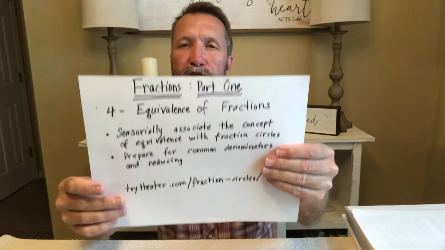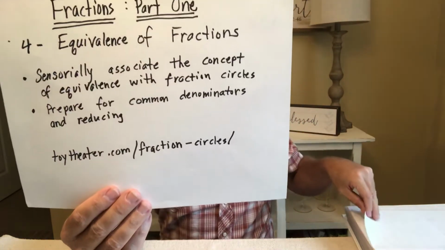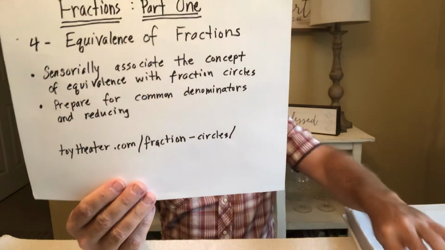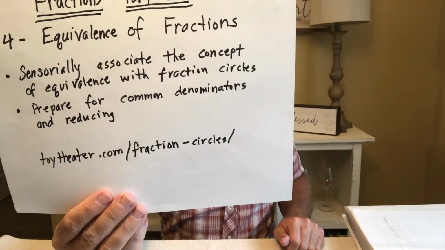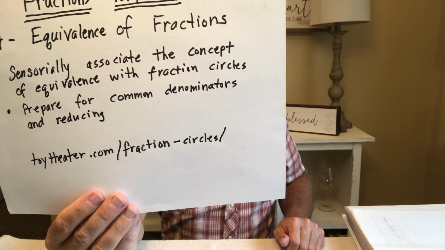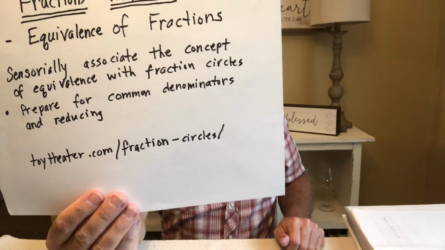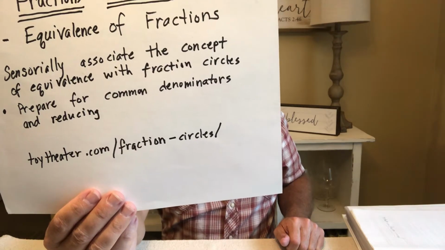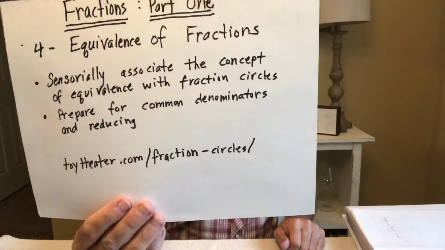This is fractions part 1, and this is the 4th lesson in part 1, called the equivalence of fractions. Today we're going to be using the circle insets so that we can sensorially associate the concept of equivalence with the fraction insets.